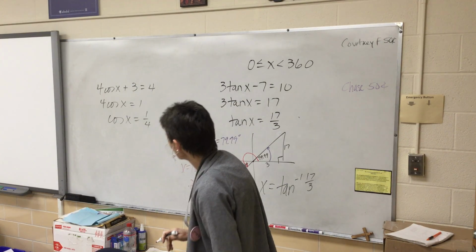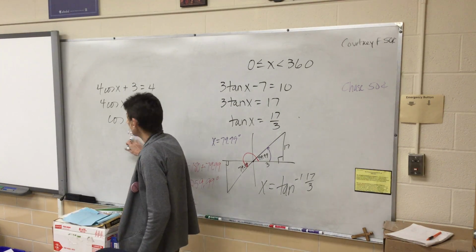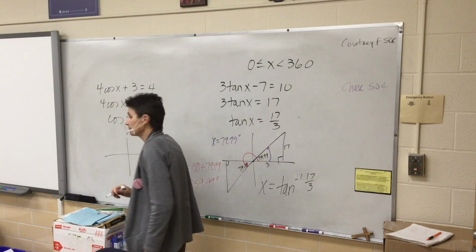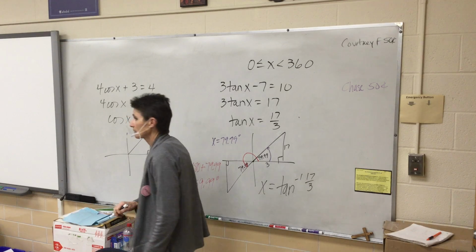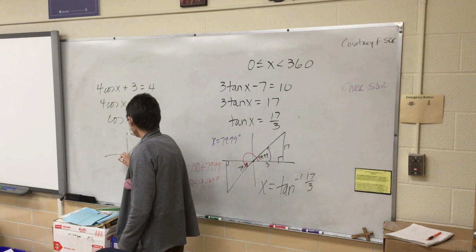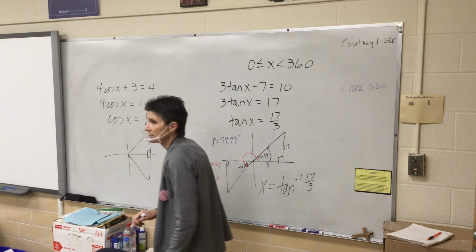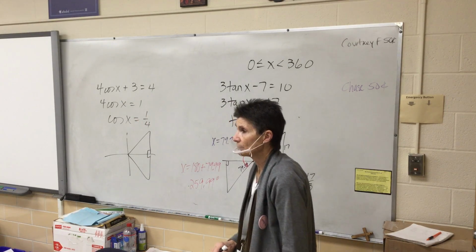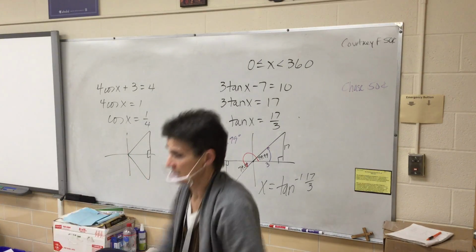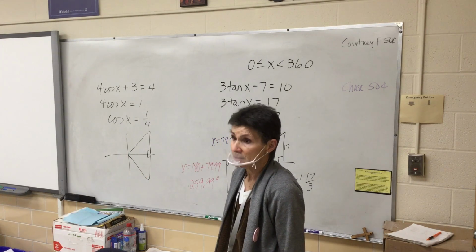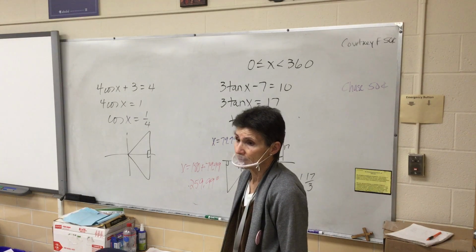Where do I need to draw my triangles if the cosine is positive? Quadrant 1 for sure. And quadrant 4. That's where your cosine's positive. How do we know that? Cosine is x. And x is positive over here.